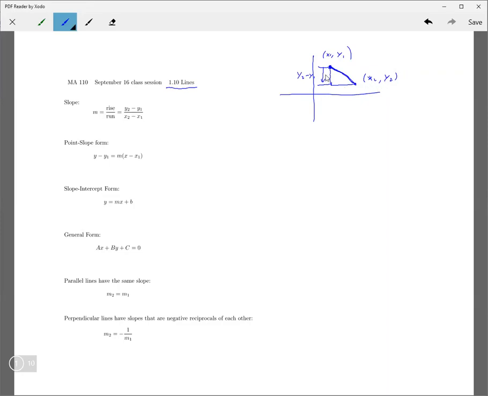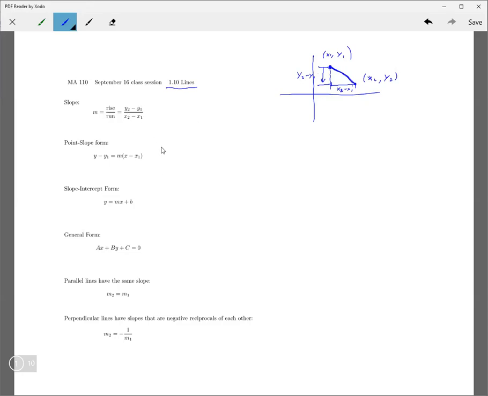That's going to be a negative number, but it's signifying that you're going down. And then as you go from here to here, that's x2 minus x1. So this divided by that, the rise divided by how much it runs across, is the slope. That's really important. If you have 2 points, then that's the slope between them.